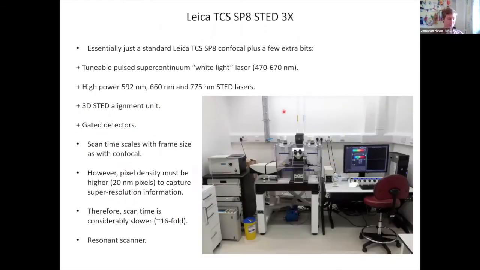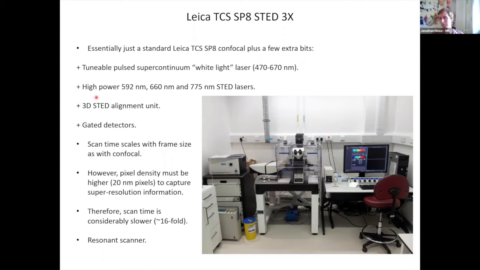So we have one of these microscopes at the LMB. It is built around a Leica SP8 confocal, but it has some extra things which make it a STED. Most of those extra things in this image are to the left of the scan head.